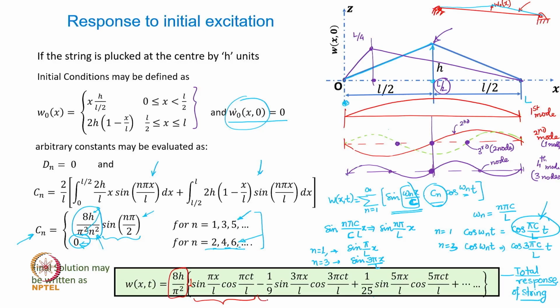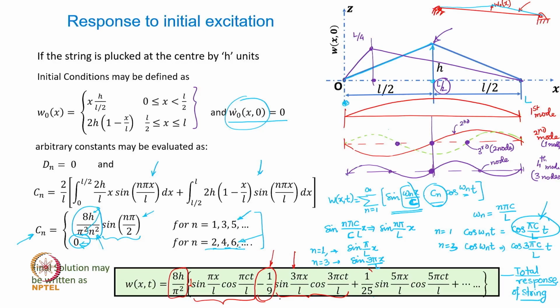What is the second mode? This value is going to define how much the amplitude will be as a function of x over the entire string, but the maximum value is going to be this value. It's a sine function, so it will have a unit maximum value, but the multiplying factor is basically the amplitude of it, minus 1 by 9.